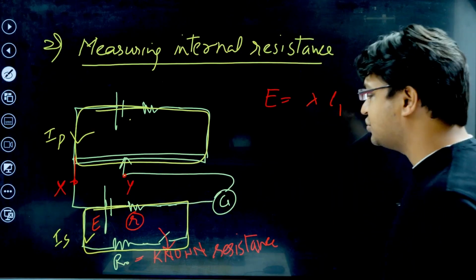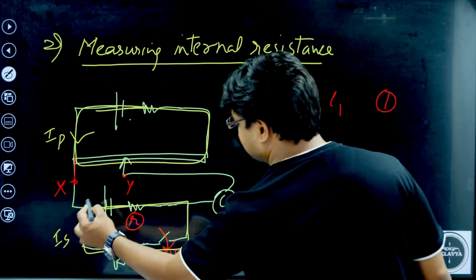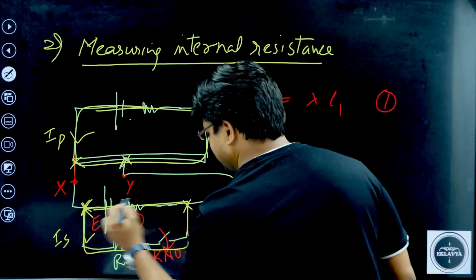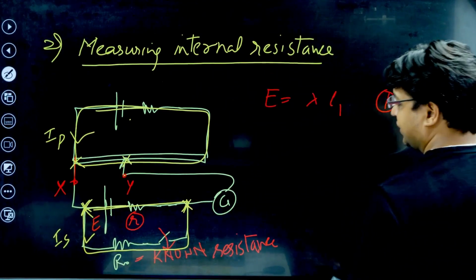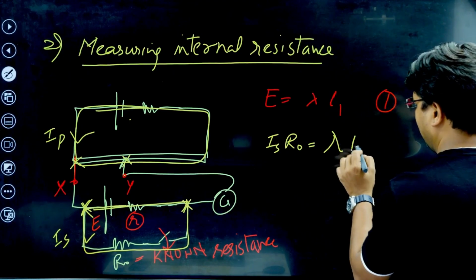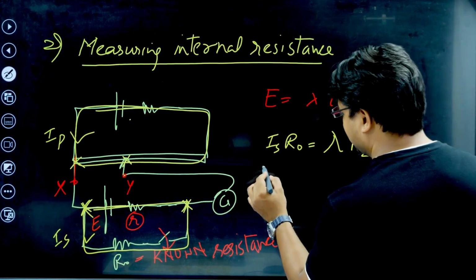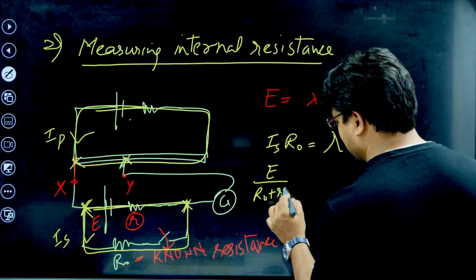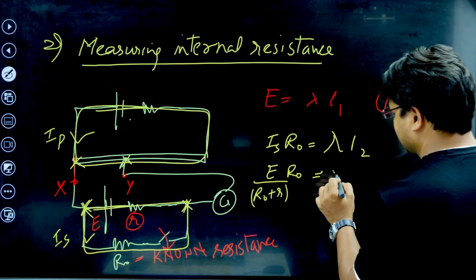Now, if the galvanometer is showing zero deflection, whatever is the potential difference across these two, the same is the potential difference across these two. And the potential difference across these two can be calculated from the lower branch. We write I secondary into R naught equals lambda into L2, and I secondary is E by R naught plus R, so E by (R naught plus R) into R naught equals lambda L2.